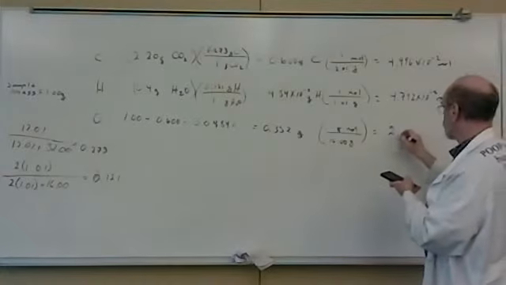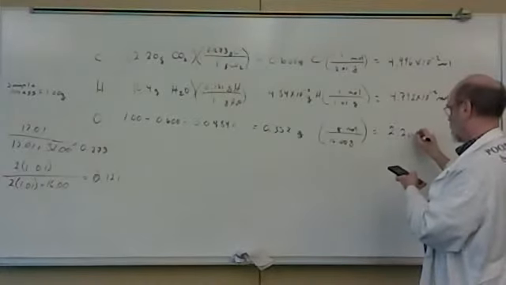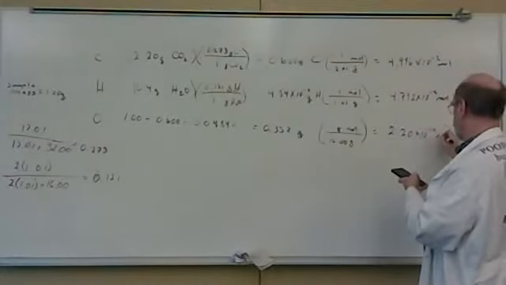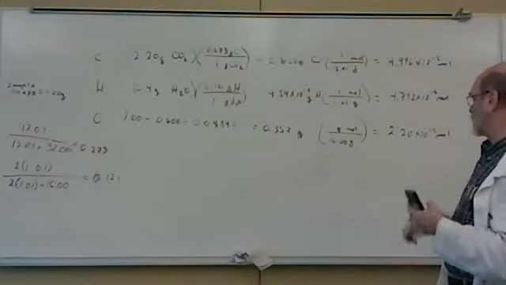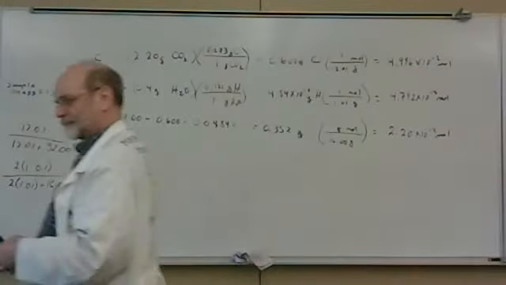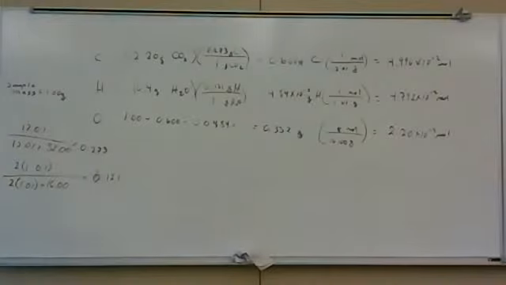And this is 2.20 times 10 to the minus 2 moles of oxygen. Okay. The problem with that is it's not whole numbers. So what we need to do is convert that to whole numbers.